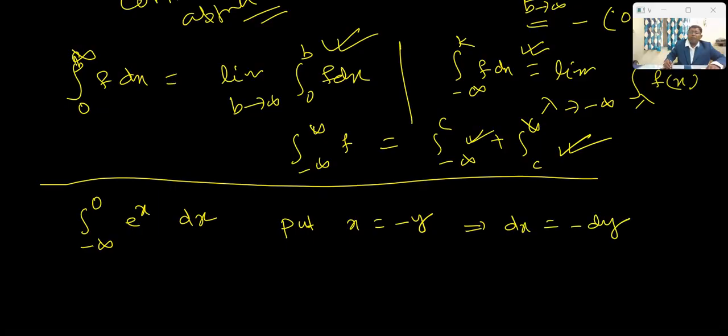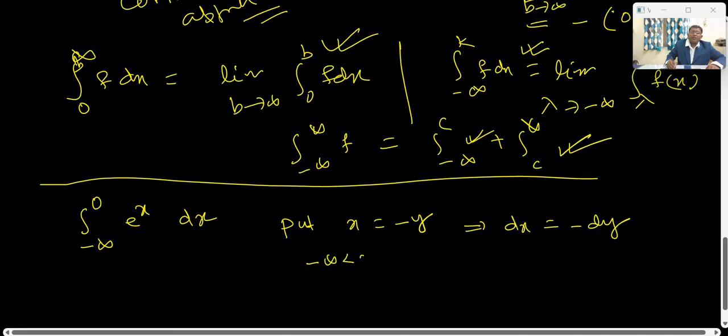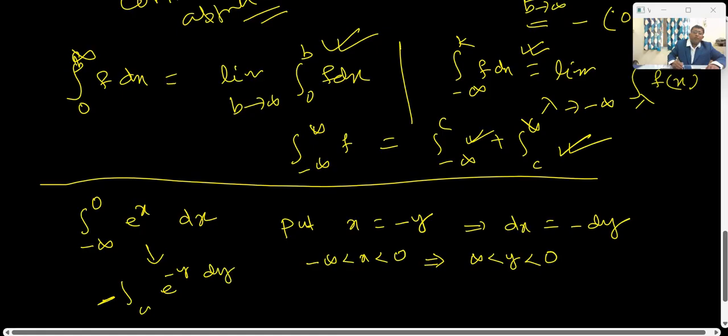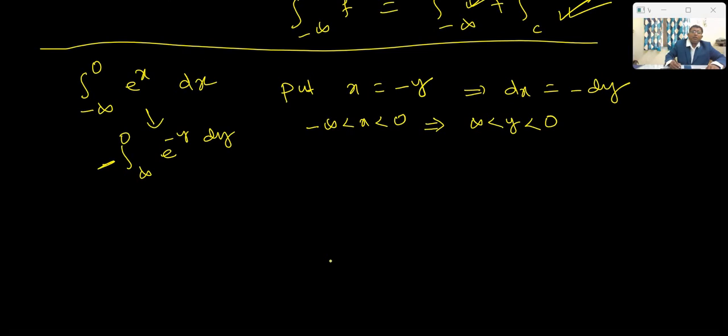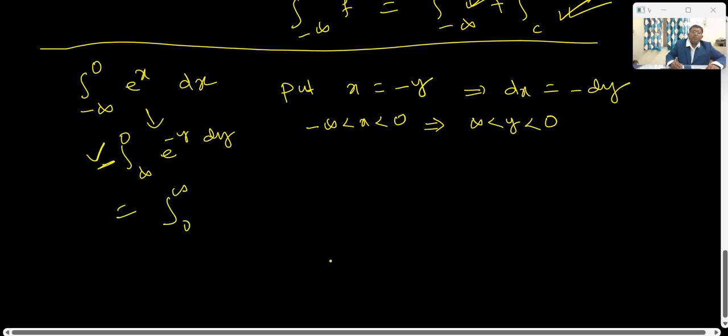When x goes from minus infinity to 0, y goes from infinity to 0. So this integral will be minus of the integral from infinity to 0 of e to the power minus y dy. For this minus sign we reverse the limits, giving the integral from 0 to infinity of e to the power minus y dy.